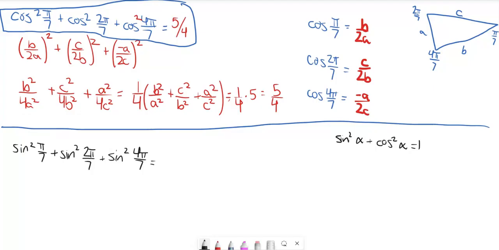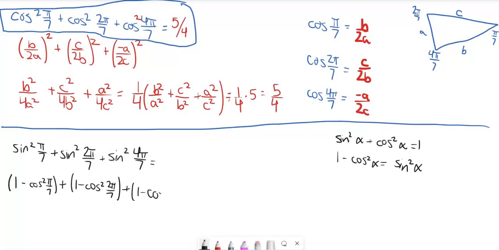And what will happen is we'll just take 1 minus the cosine squared of alpha to get sine squared of alpha, just like that. So quickly, I'll just put these in parentheses: 1 minus cosine squared of pi over 7 plus 1 minus cosine squared of 2 pi over 7 plus 1 minus cosine squared of 4 pi over 7.